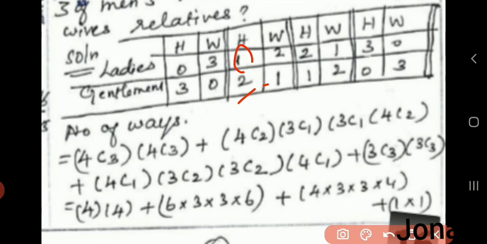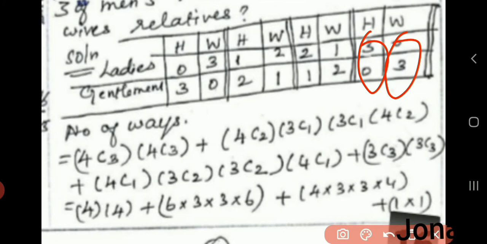Likewise 3C1, 4C2, plus the next one, out of 4 we are selecting 4C1, and out of 3 we are selecting 2, that is 3C2, into 3C2 and 4C1. Here we can have 4 and here 3, like this. Therefore it will be easy for us. And then in the next option we have 3C3 into 3C3.